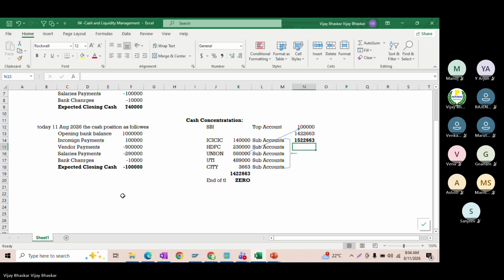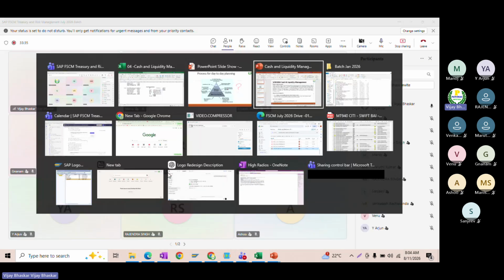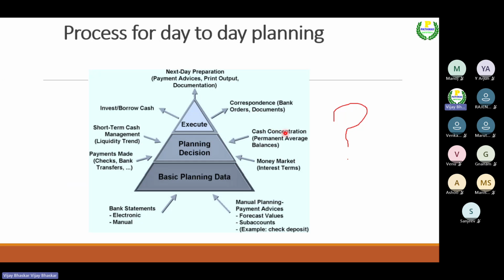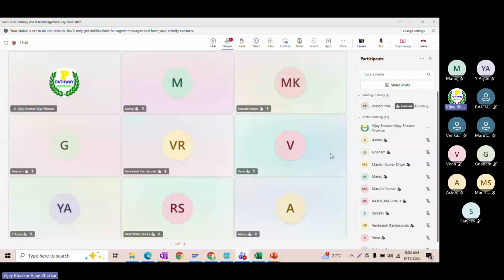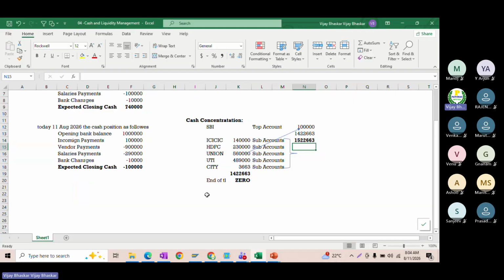Now, for your information about the concept I was trying to explain, cash concentration: permanent average balances are an example I have given here. By end of the day, those accounts are going to become zero.